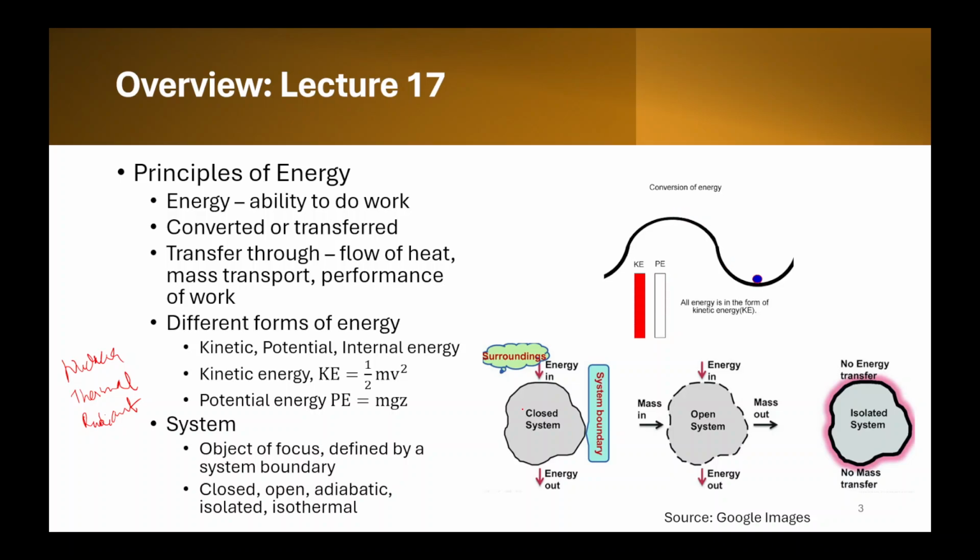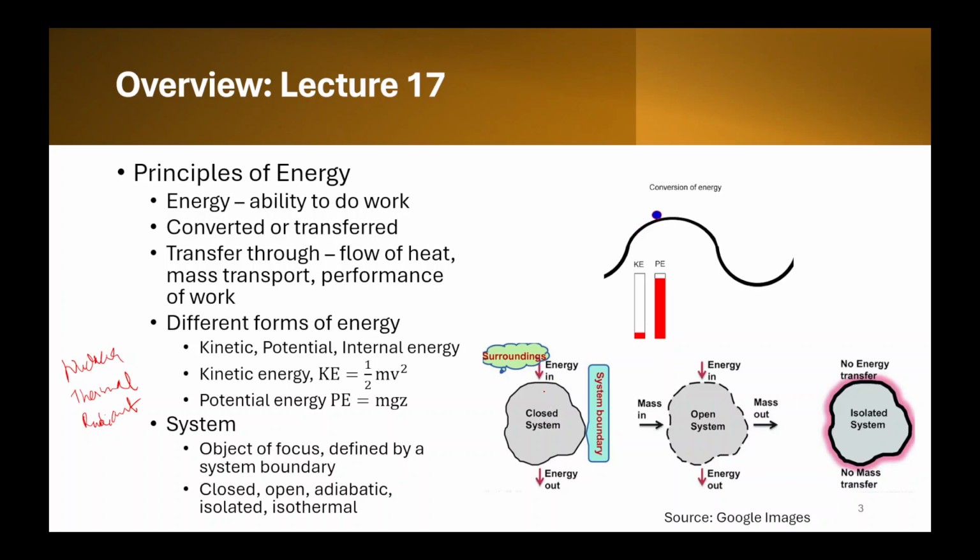Different types of system were also discussed: closed system, open system, adiabatic system, isolated system, isothermal. Three systems are shown here. A closed system is basically one which does not exchange mass with its surrounding. However, it can exchange energy. This is the system, and anything outside of this system boundary is our surroundings.